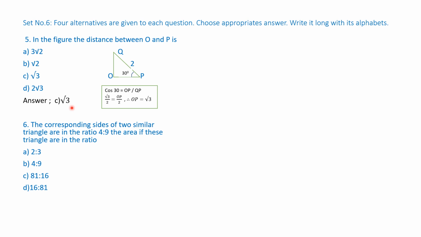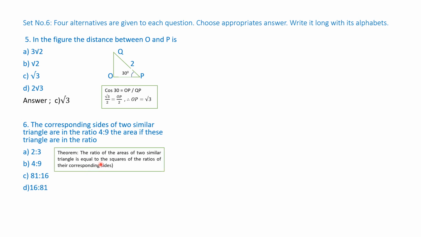Question number 6. The corresponding sides of two similar triangles are in the ratio 4:9. The areas of these triangles are in the ratio, we have to find out, whether 2:3, 4:9, 81:16 or 16:81.